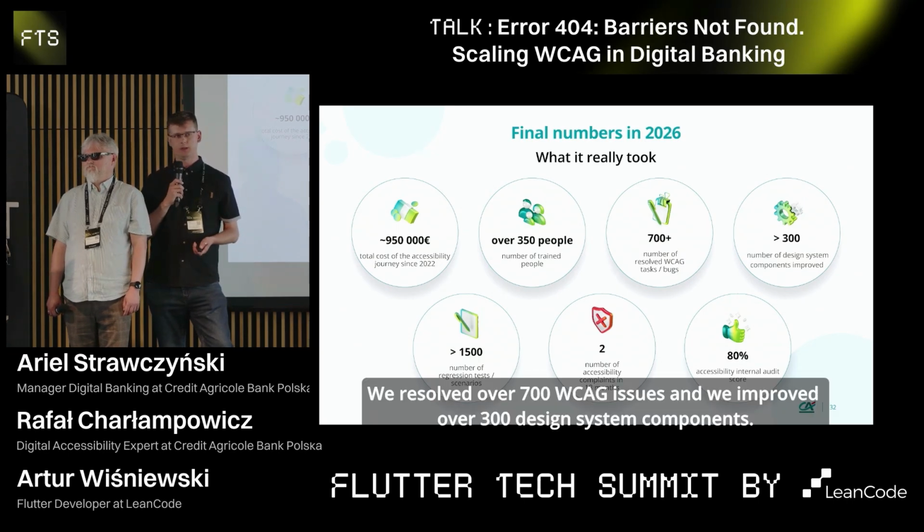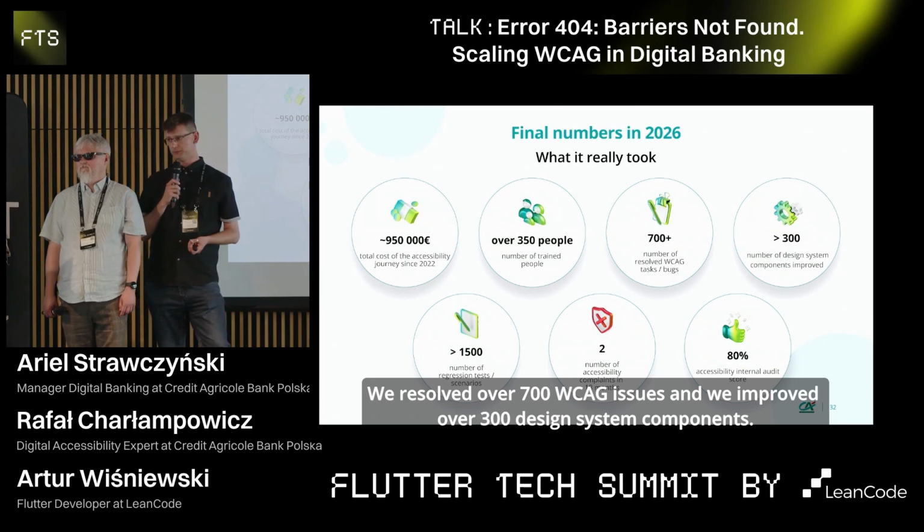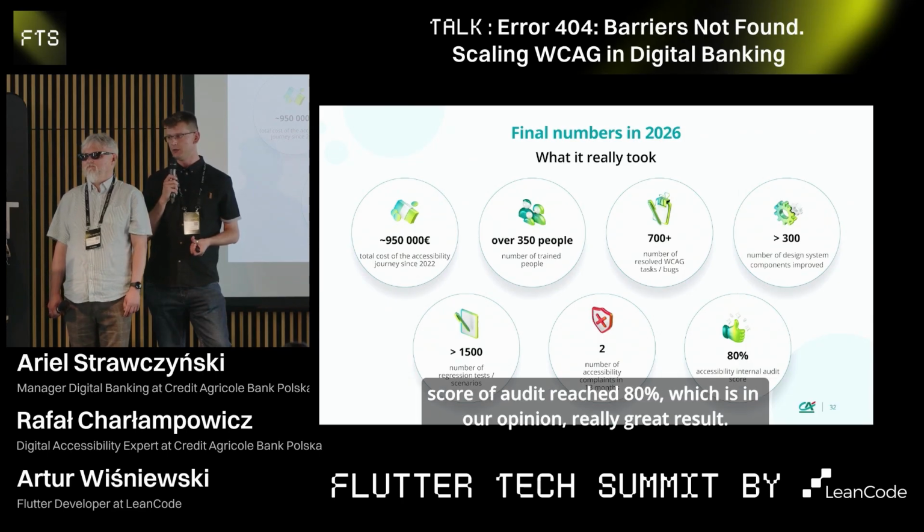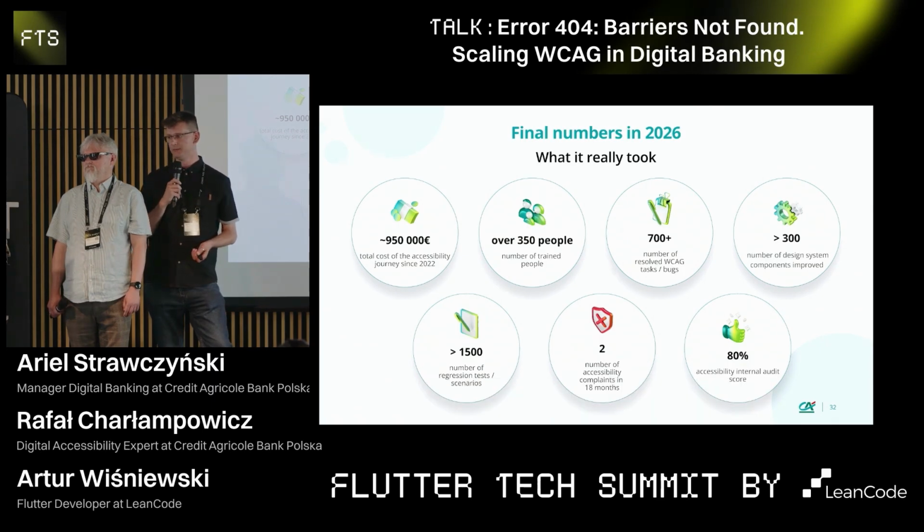We resolved over 700 WCAG issues, and we improved over 300 design system components. From the customer perspective, as you can see, we received only two valid complaints, and our internal audit score reached 80%, which is, in our opinion, a really great result.